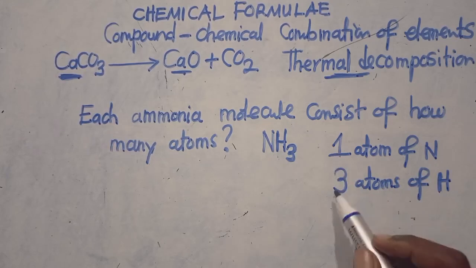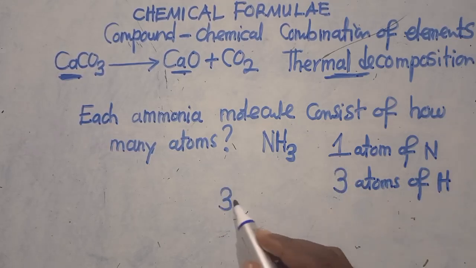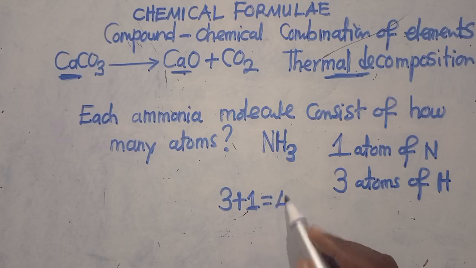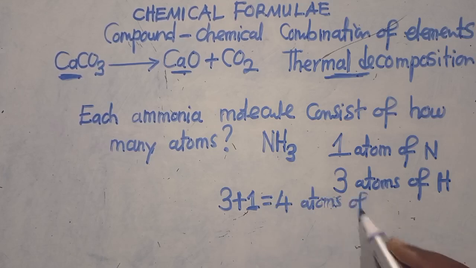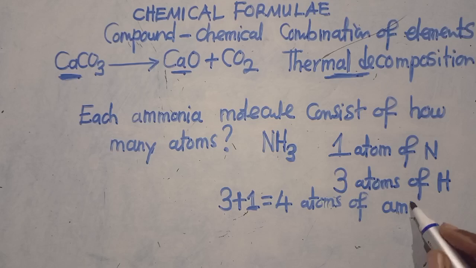When we add 3 plus 1, the answer is 4. So we say 4 atoms in an ammonia molecule. This is what you are supposed to know. So we just answer it like this.